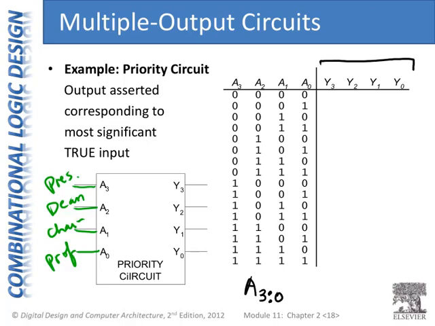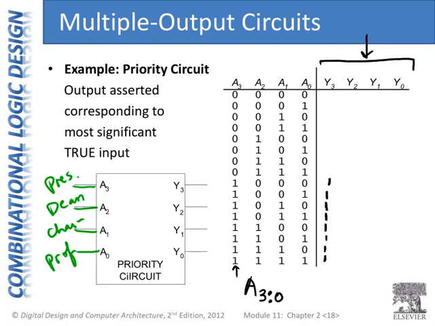Okay, so let's figure out how to fill in this truth table. We want to figure out what the outputs are given each combination. When A3 is 1, says the president, input A3 wants to have the room. And so that highest priority person gets the room.